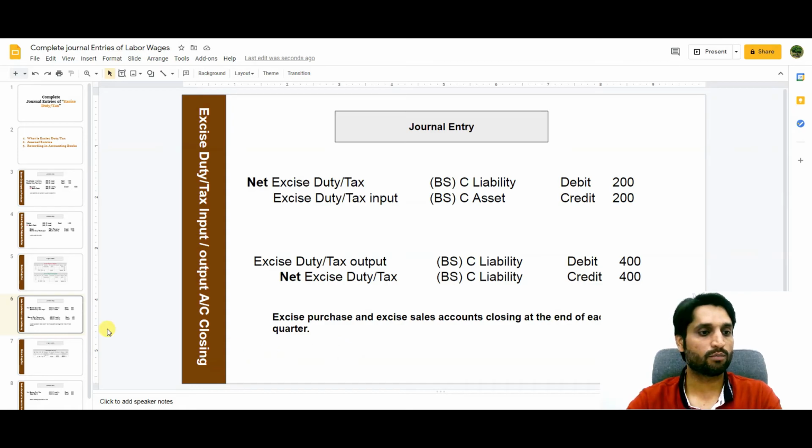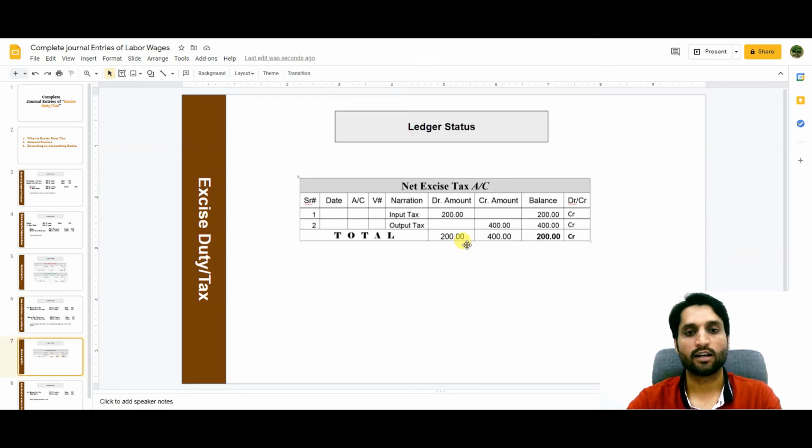Now we will see the net excise duty tax account. Here when we close the input tax account, we make it debit, and the output tax account we make credit. So the ending balance is 200, which is liable to the government. Now we are going to pay the government this amount.